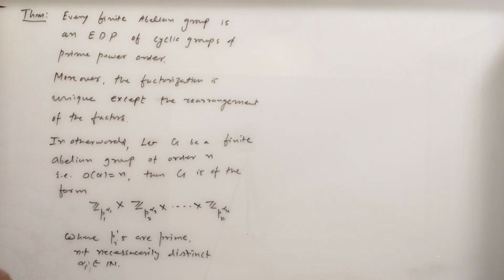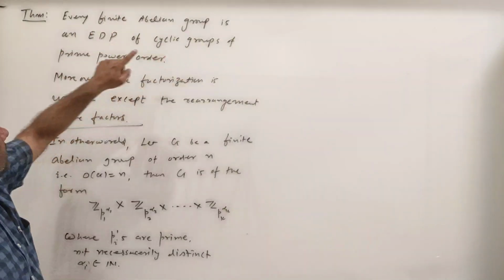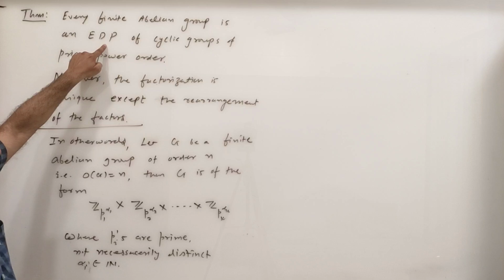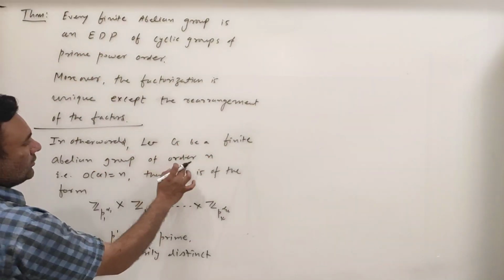So actually what is this statement? It is up to here only. This is another form of this statement. So what does this statement say? Every finite abelian group is an EDP. So you consider any finite abelian group. Let G be a finite abelian group of order n.